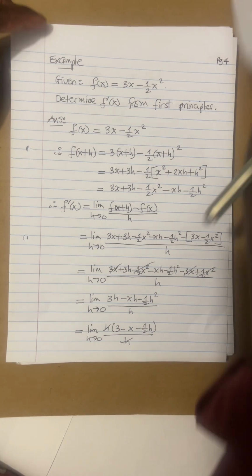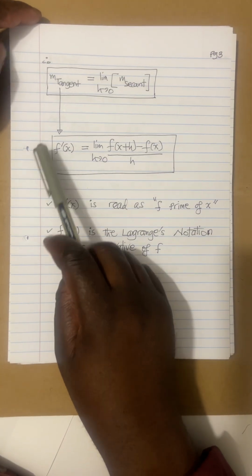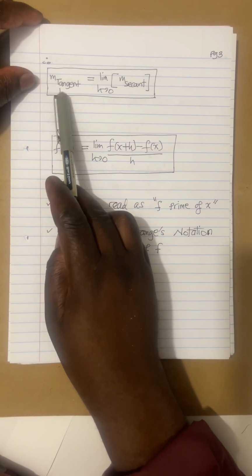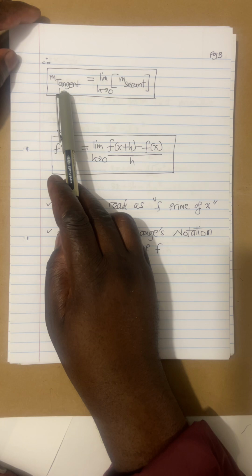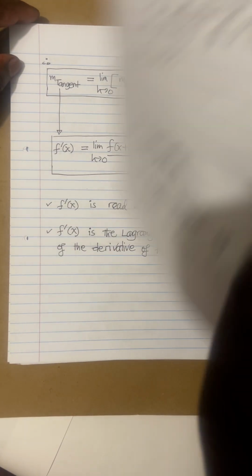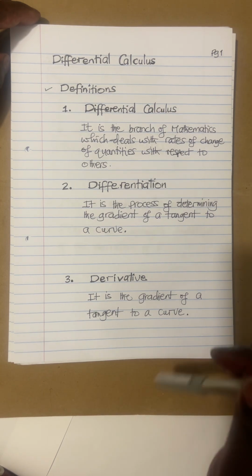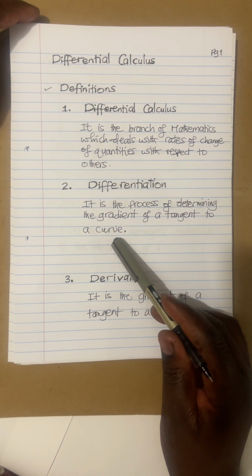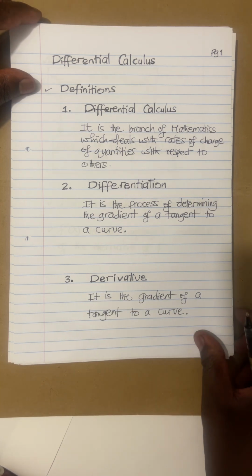Please take note of the fact that f prime of x is the gradient of a tangent. That is critical. What is differentiation? The process of determining the gradient of a tangent to a curve. There it is. What name is given to the gradient of a tangent to a curve? Derivative.